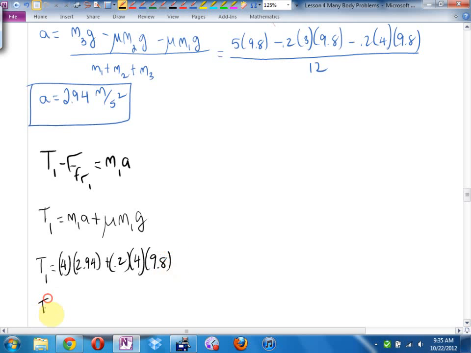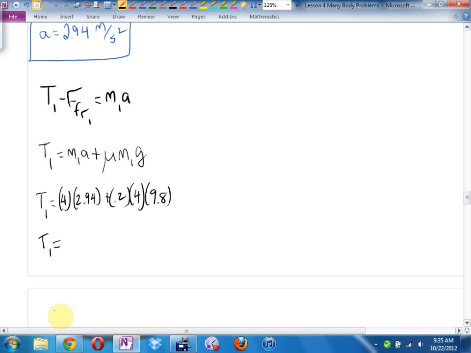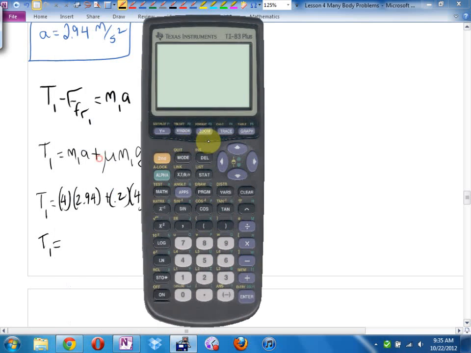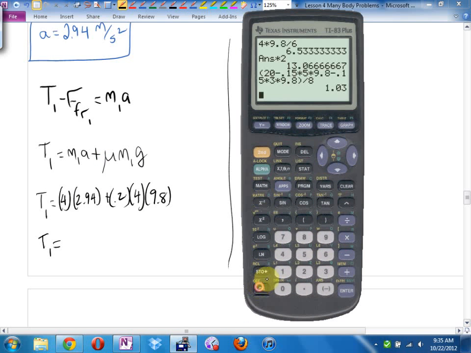What's the tension in the rope number 1? 19.6 newtons.